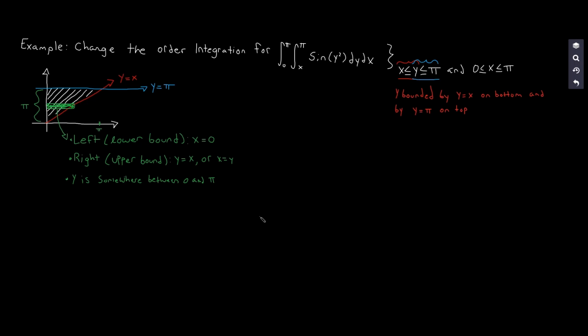But then if I want dx to come first, I'm trying to bound this from the left to the right. The left bound is always x equals 0, and the right bound is always y equals x. The big bound is y. Say I solve it for x, and the lower bound is 0.